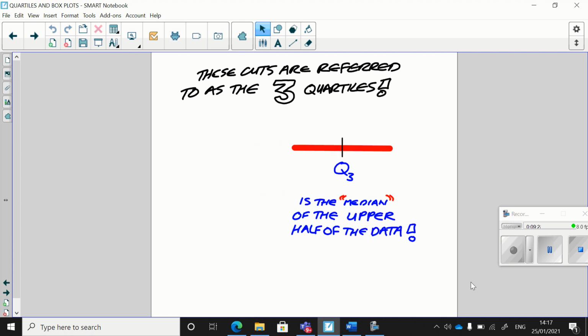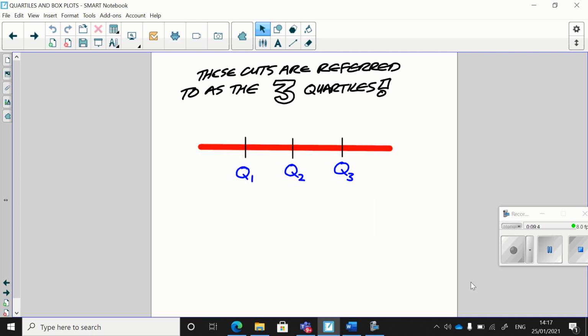And Q3 is the median of the upper half of our list of numbers, or the right-hand side. So essentially, we're finding one median, then looking left and right, so that we can get 2 more medians, really, of left and right. So we've got the 3 values there, Q1, Q2, and Q3.